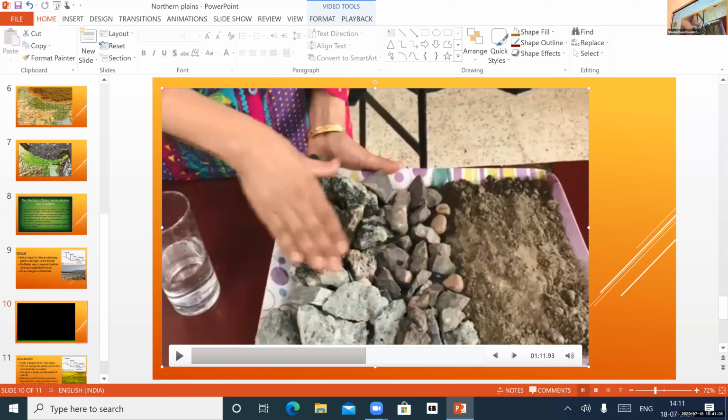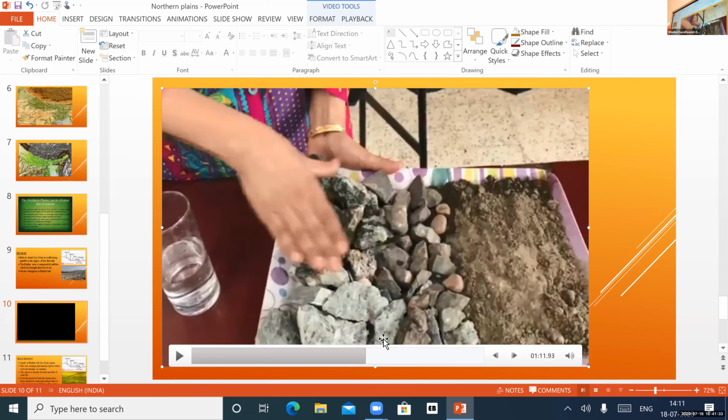Here, streams disappear and re-emerge in this area, the second part. Streams or rivers disappear means because of these pebbles and stones, we cannot see the flowing rivers. Is it clear? Yes. That's why we have a sentence there: streams disappear in Babar Belt.